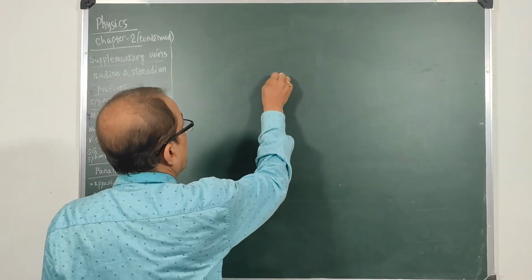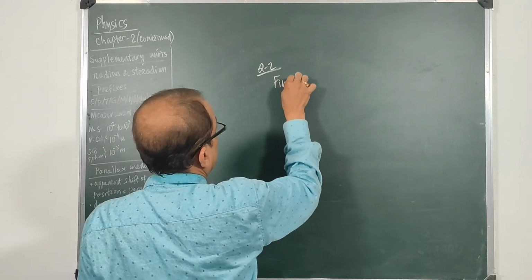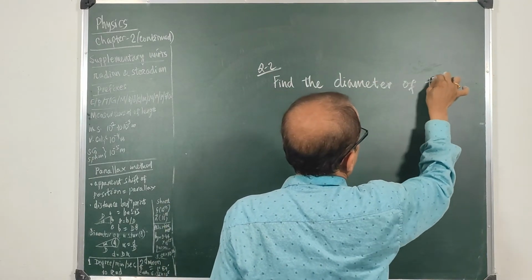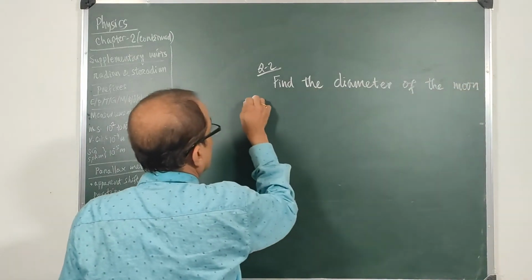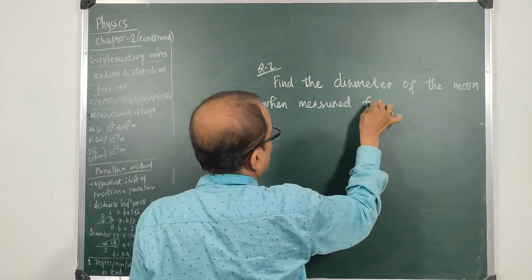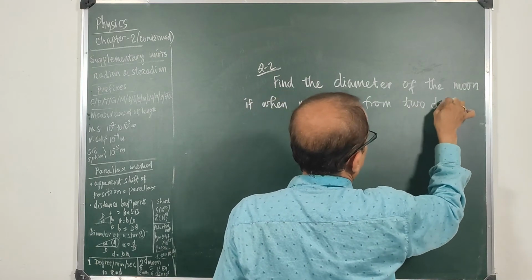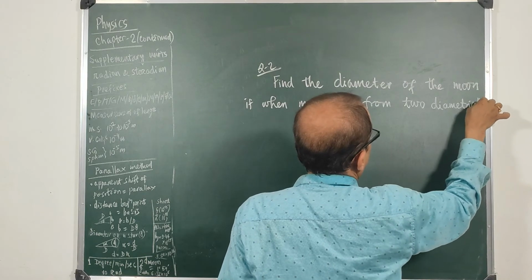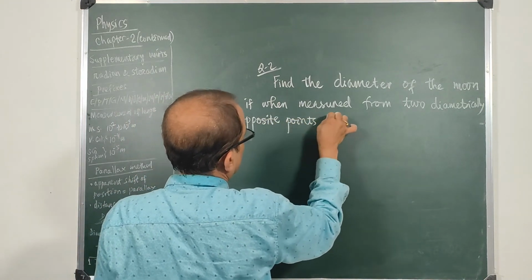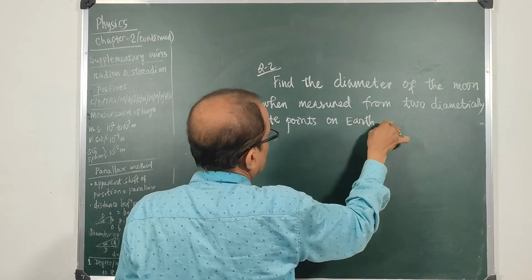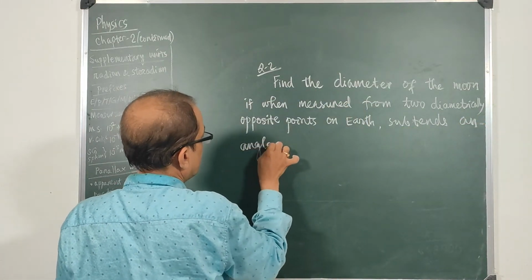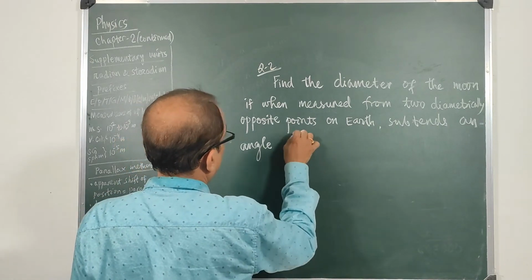You can be asked, and there is a second question: find the diameter of the moon if, when measured from two diametrically opposite points on earth, it subtends an angle of say 1 degree 54 minutes.